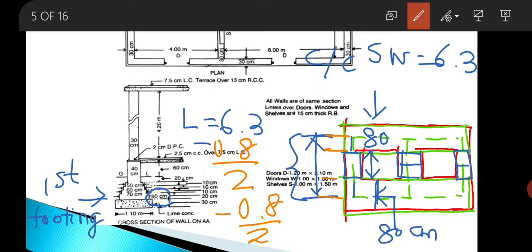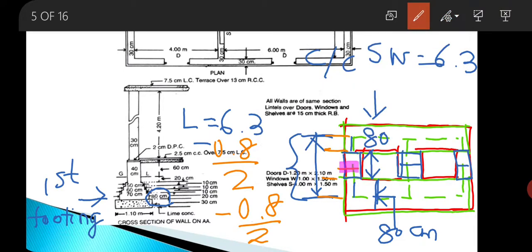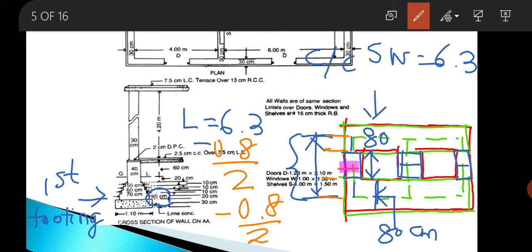Then we will go for breadth. What will be the breadth? Breadth means this portion. Let me show you in another, this portion, sorry. This one is the width.